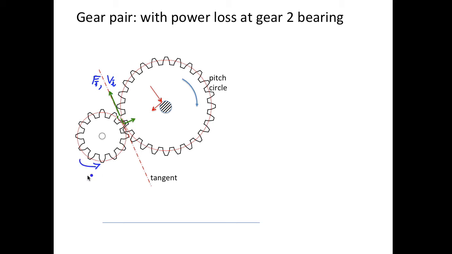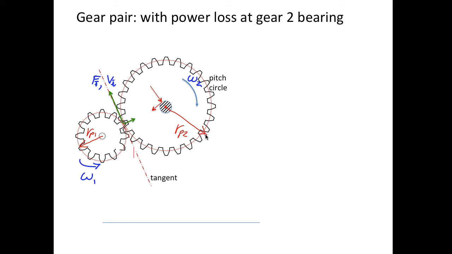The input gear is rotating with omega 1, and the output gear is rotating with a velocity omega 2, and we need to add some dimensions. So let's say that this first gear has a pitch radius, I'll call that rp1, and the second gear has a pitch radius, which I'll call rp2.